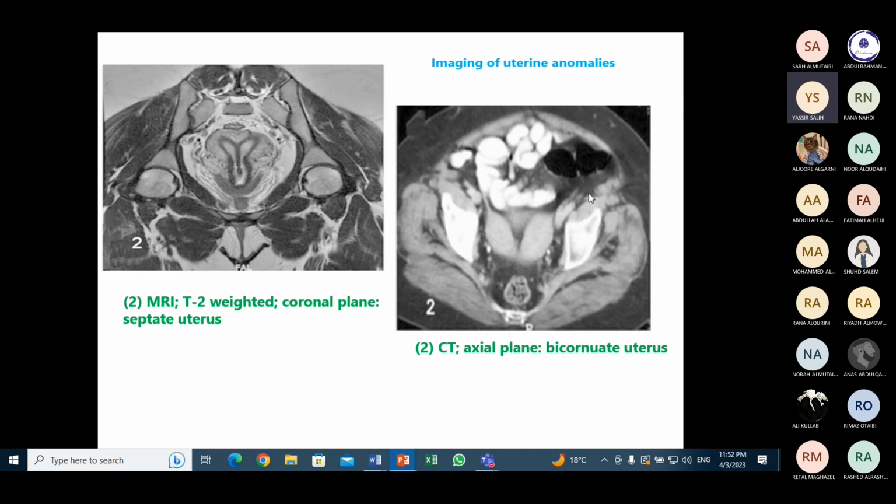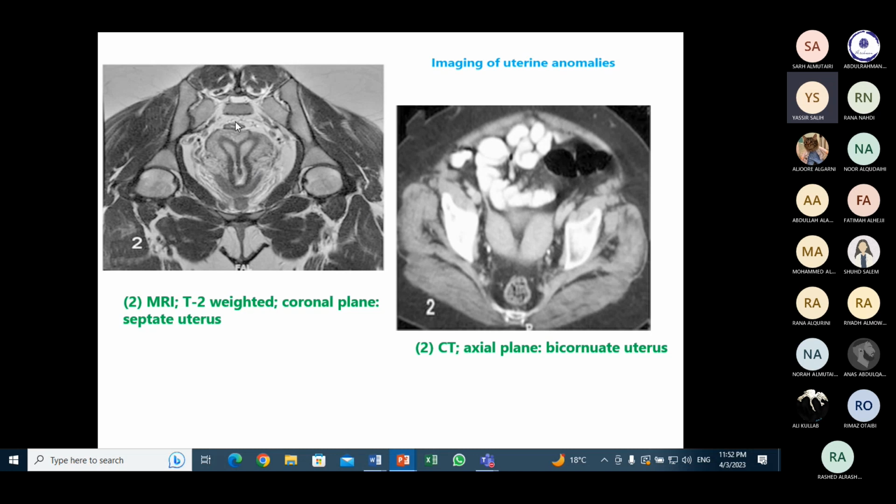Also CT can be used for demonstration of uterine anomalies, but this is the bicornuate uterus. This is the first horn and this is the second horn, and you can see the angle also. But the angle is usually clearer in the coronal plane; in the axial it is sometimes not as clear. Anyway, these are the two horns of the bicornuate uterus, and this is the MRI.